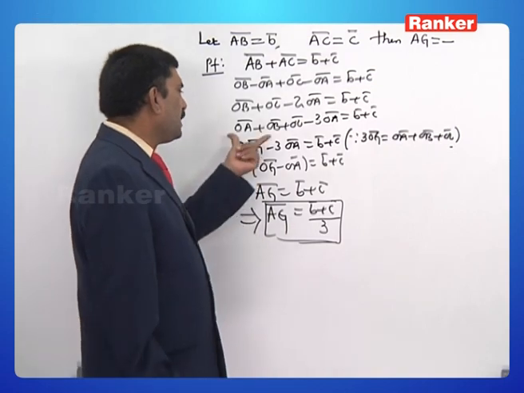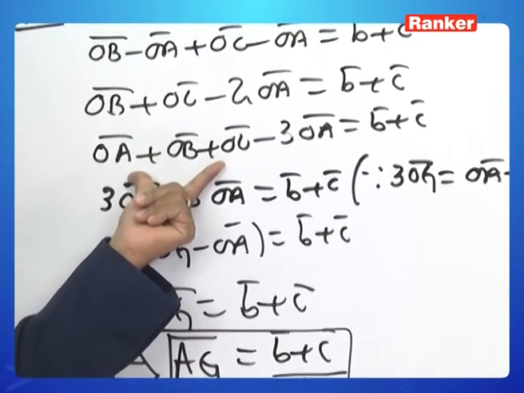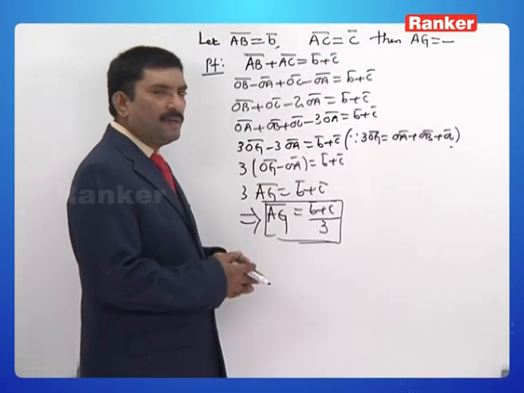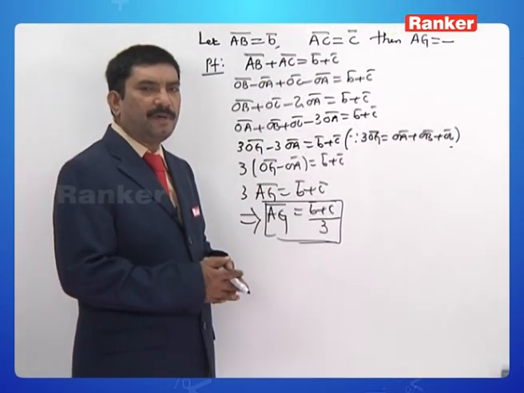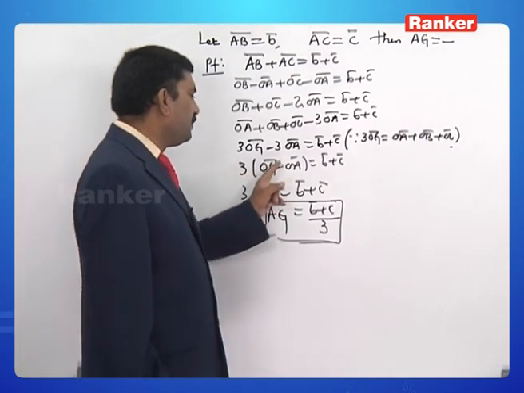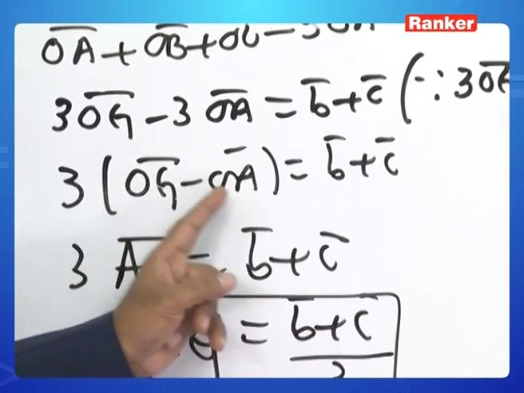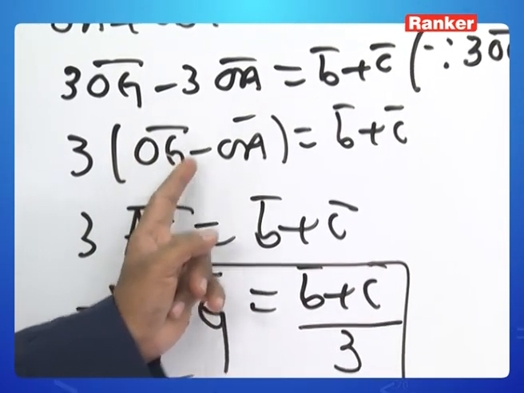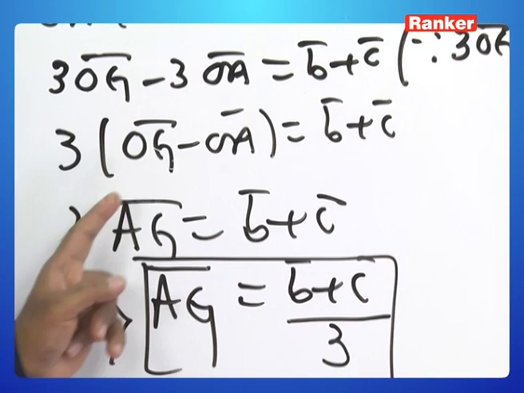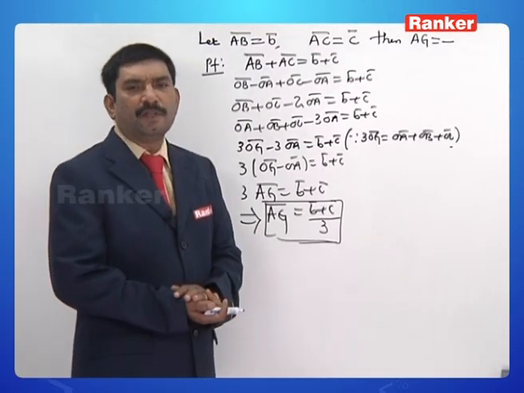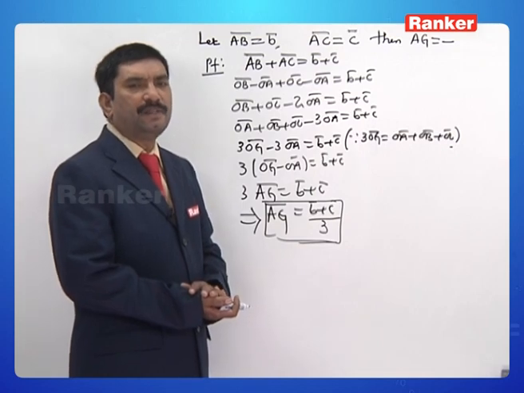So I can write this as 3 into OC bar minus 3 into OA bar is equal to B bar plus C bar. So 3 into OC minus OA, that is AC bar, the position vector of the terminal point minus the position vector of the initial point. 3 into AC bar, so AC bar is equal to B bar plus C bar by 3.